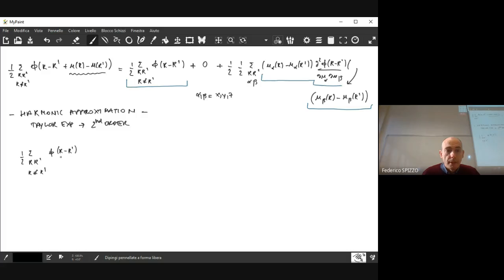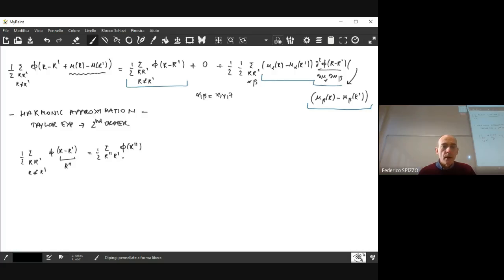Now, r minus r prime is a vector belonging to the Bravais lattice, so we may call this r second. So we have 1/2 summation over r second and r prime, and we have phi of just r second in this case. The only term that changes the element you are going to sum up is r second.